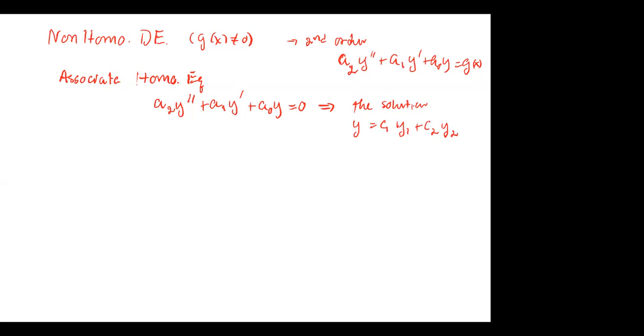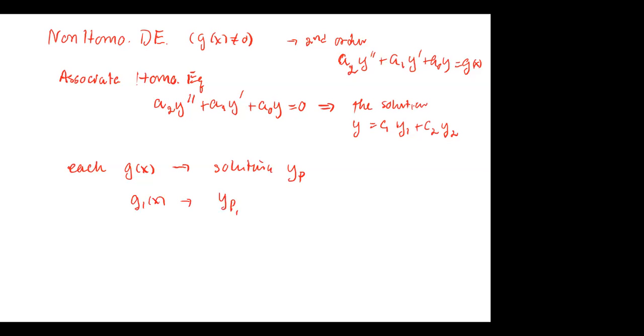Okay, and then for each g of x, if you have a different g of x, you're going to have a solution called yp, which is part of the general solution. So that means if you have g1 of x, you're going to have yp1, which is the same differential equation.